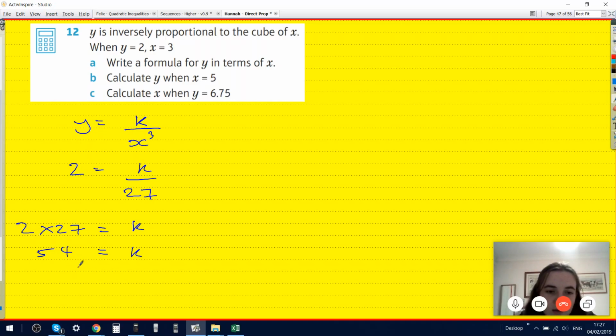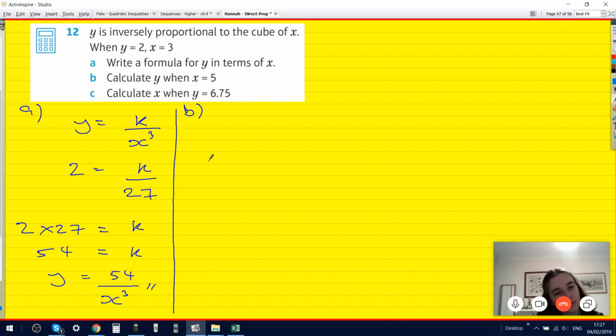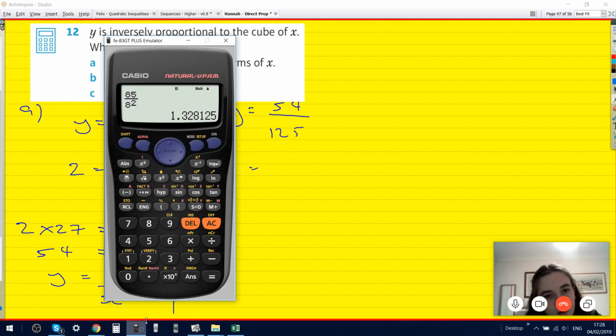Then y equals 54 over x cubed. Y equals 54 over 125, 54 over, and again, 5 cubed. So there you go. 0.432.